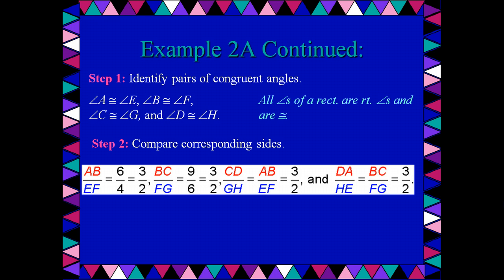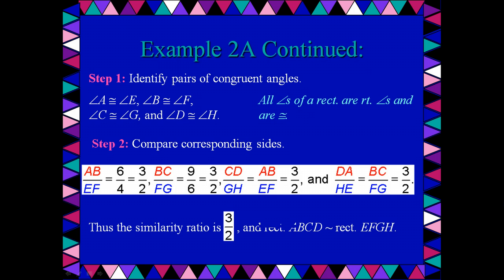CD equals AB because opposite sides of rectangles are congruent, and GH is equal to EF. So we also get 3/2 for the ratio there and for the remaining two sides. Thus, we get the similarity ratio is 3/2 or 3:2, and rectangle ABCD is similar to rectangle EFGH.